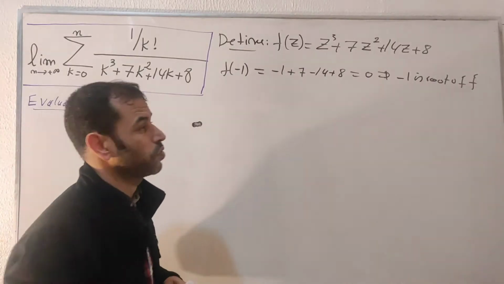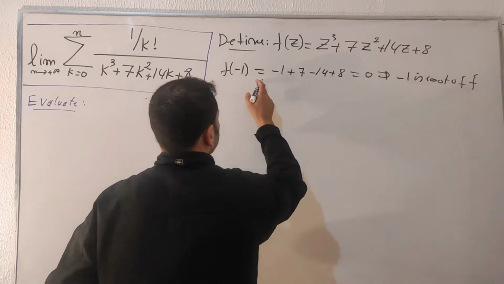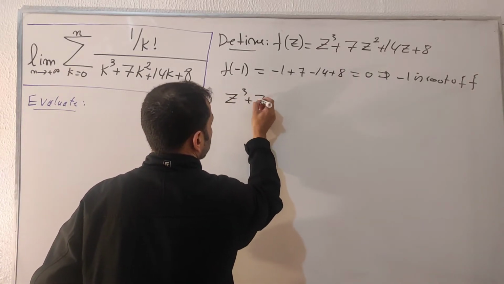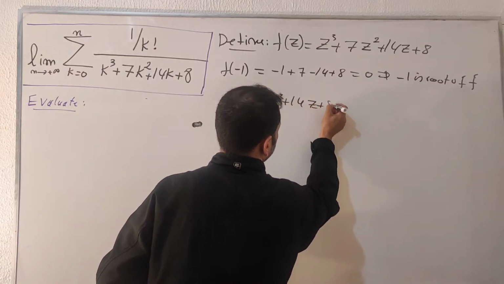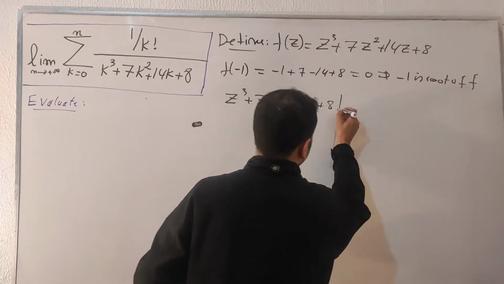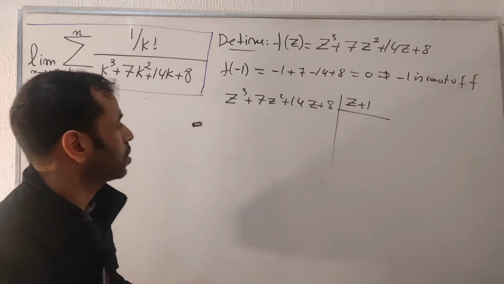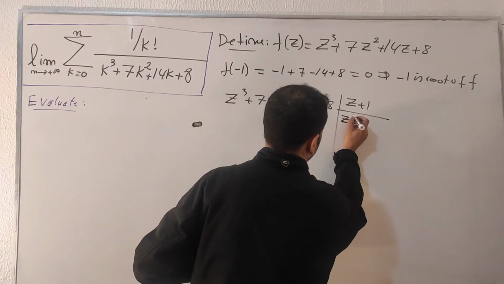Let's do polynomial division, dividing by z plus 1, because minus 1 is a root.